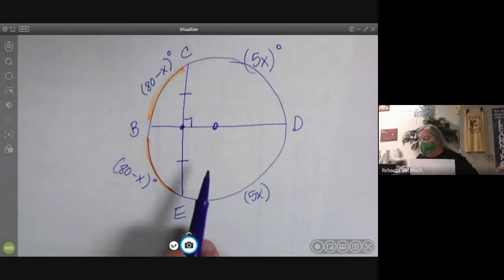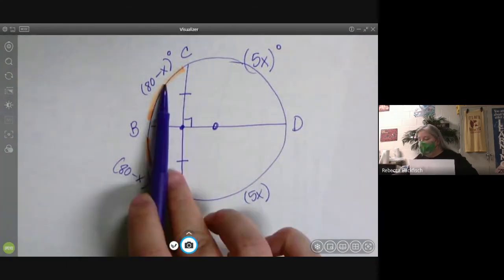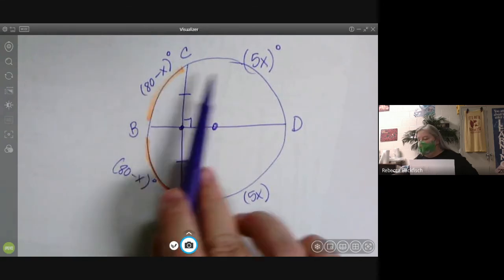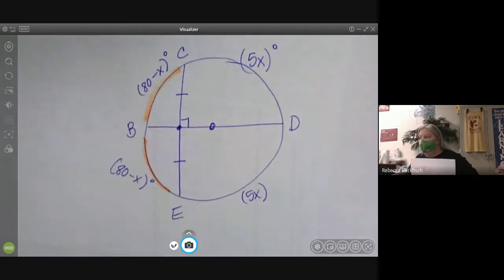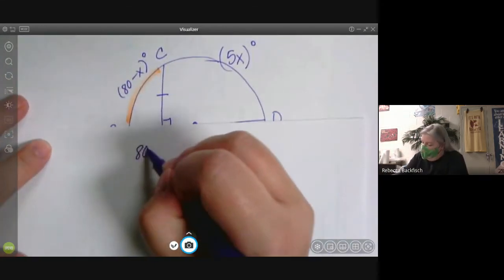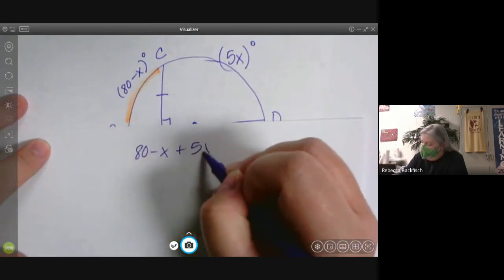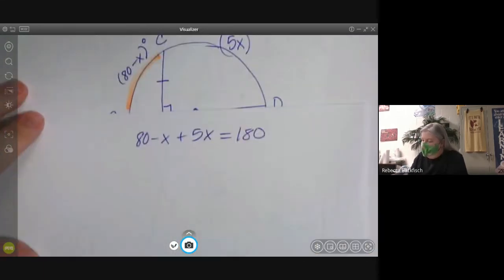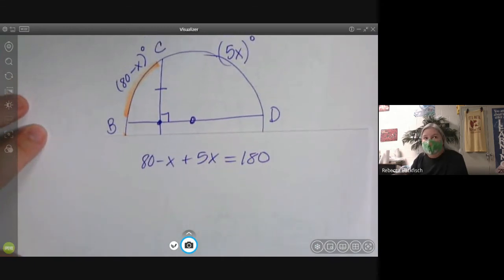Alternately, I could have stopped here as soon as I knew this was 80 minus x and said these two have to add up to what? To 180. Might be the easier way to do it. Okay, so 80 minus x plus 5x has to add up to 180 because that's half the circle.